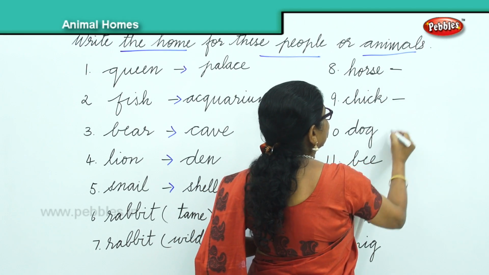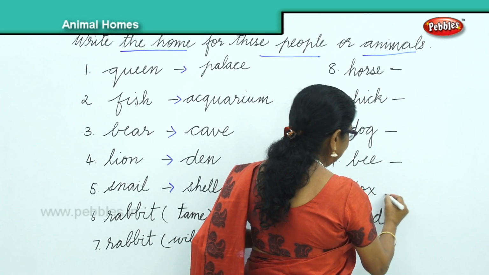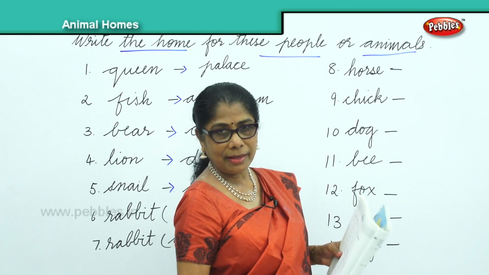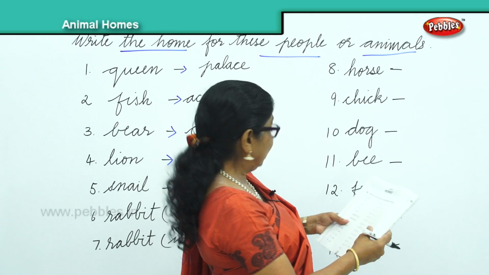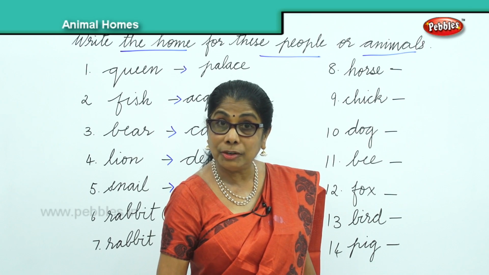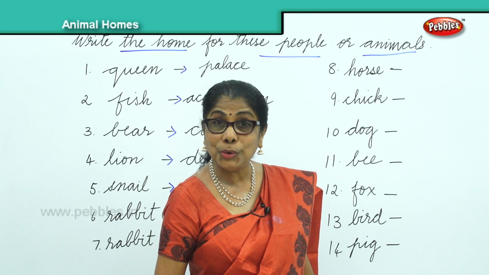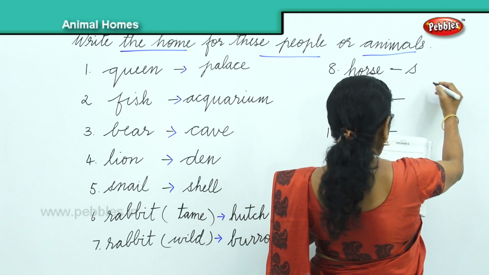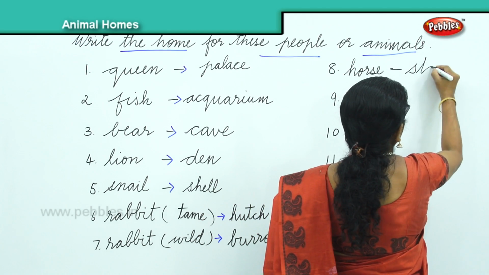Now, we have horse. Horse, chick, dog, bee, fox, bird, pig. Now, let's find their home. The horse, they are a domestic animal. They are put into a stable. The horses are put in a stable.